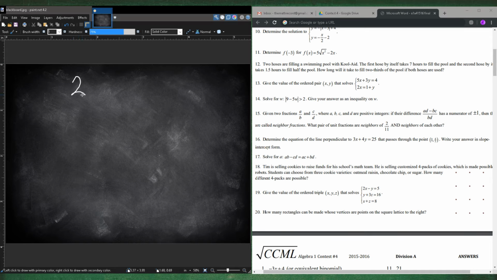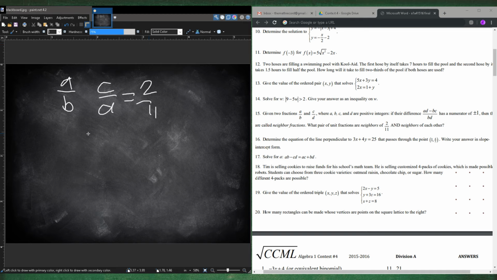2, a times b, which is just 2, ad, which is just 2, because if c is equal to 2 and d is equal to 11, you have a/b and c/d would now be 2/11 in this case, which we could plug in here.